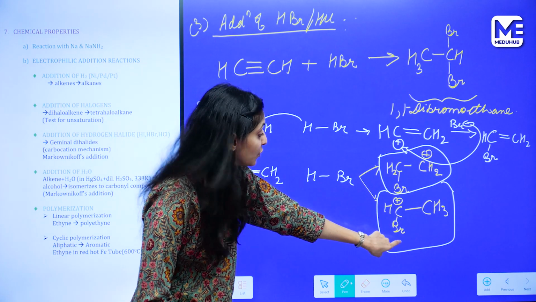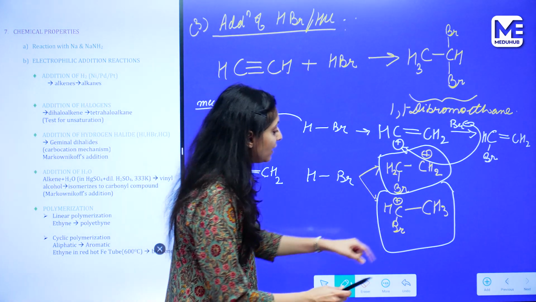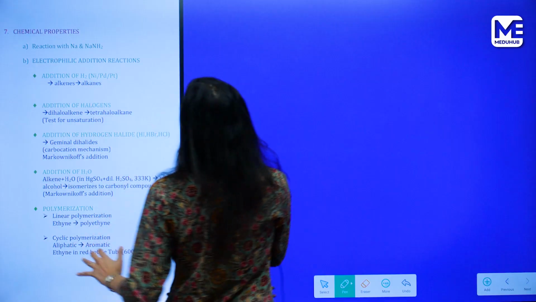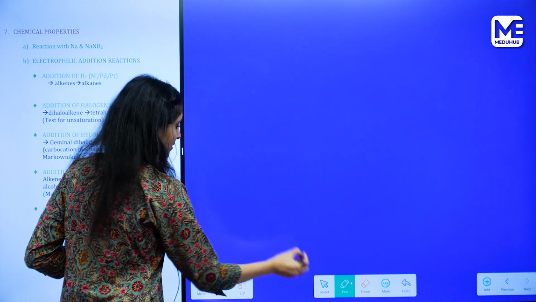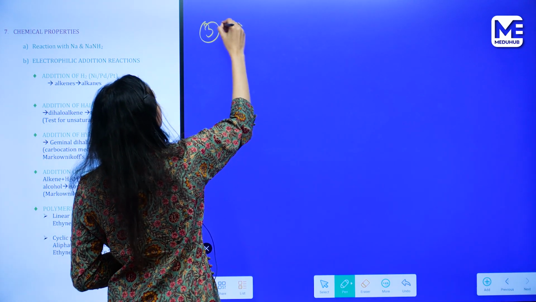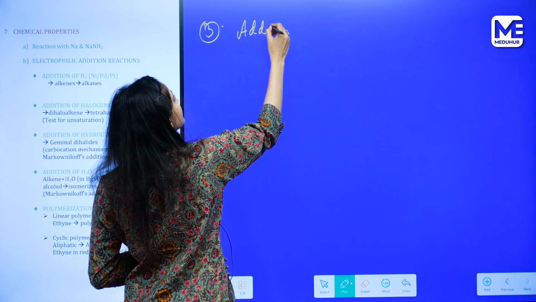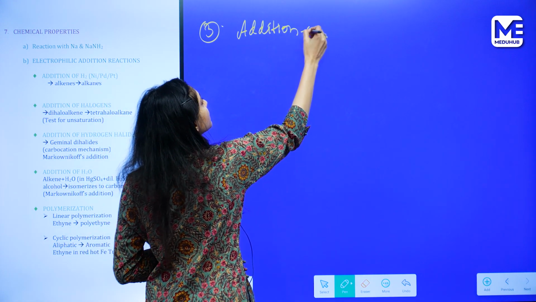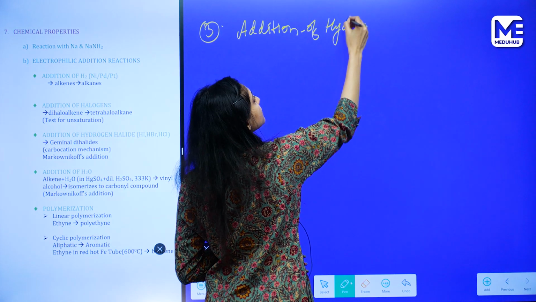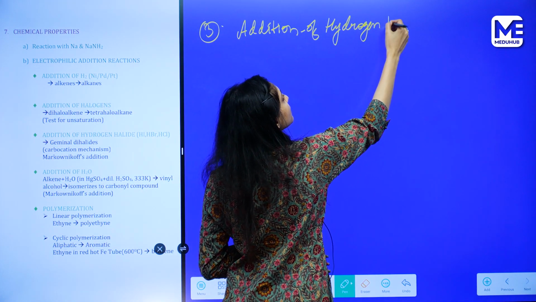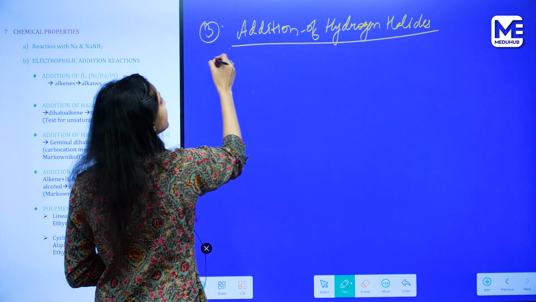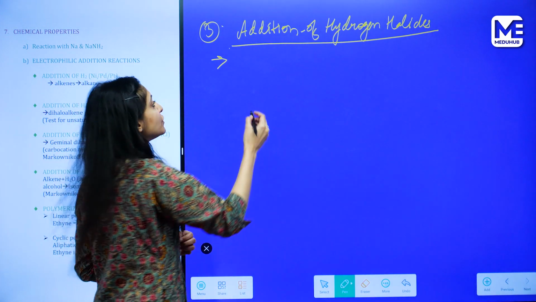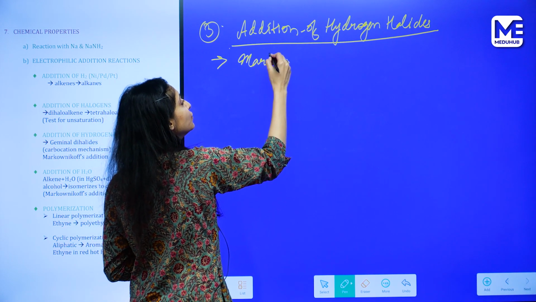Now this carbocation will be more stable. Why? Third reaction in electrophilic addition reactions that you have to study is addition of HBr, HCl or HI. For addition of hydrogen halide, this is an electrophilic addition reaction which follows Markovnikov addition rule.